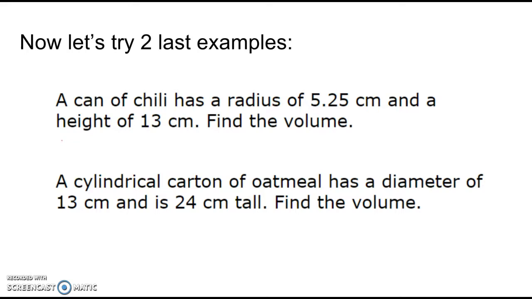So volume equals big B times H. Volume equals pi r squared h. We know the radius is 5.25, so r is 5.25, and the height is 13.